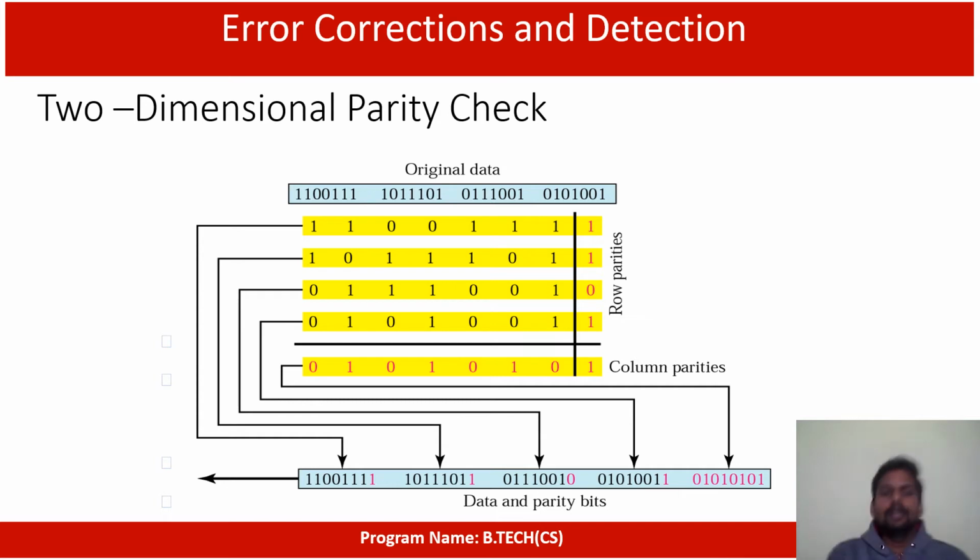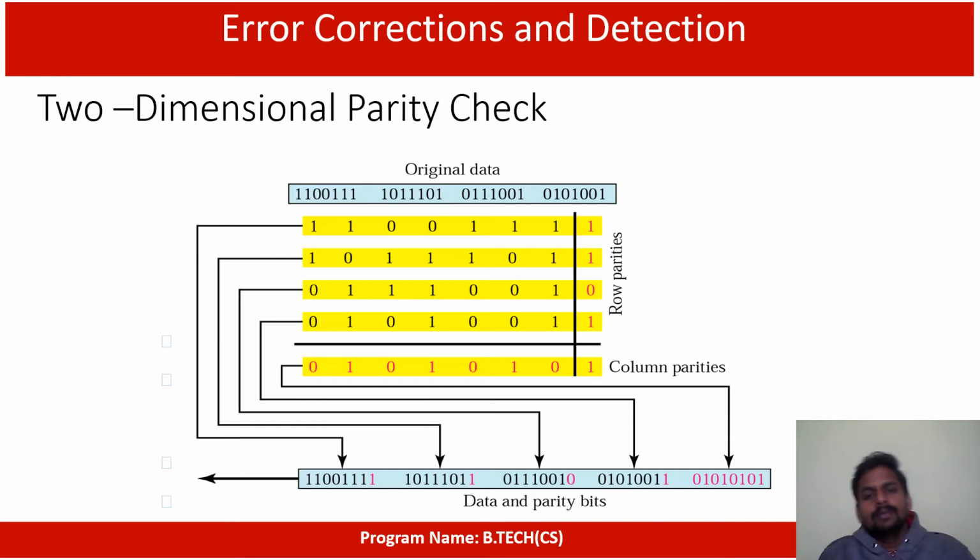And then the two-dimensional parity check. In the even parity and odd parity method, we are simply taking one character and the corresponding binary values. But here we have to take multiple characters at the same time.